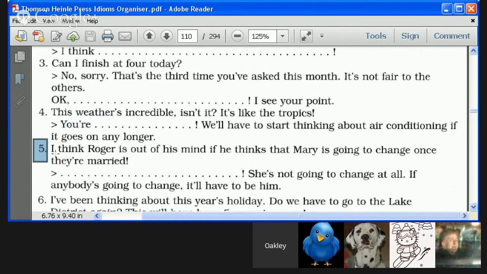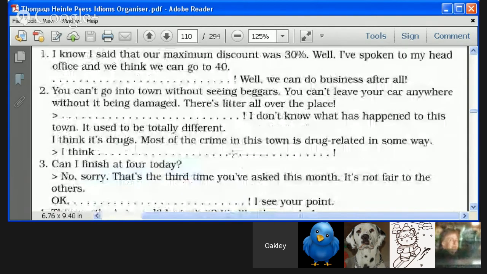Ken, I think Roger is out of his mind if he thinks that Mary is going to change once they're married. She's not going to change at all.